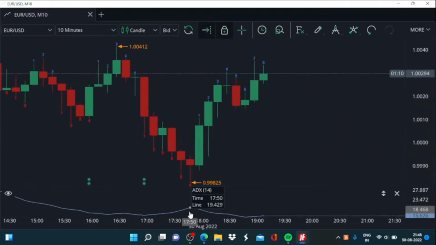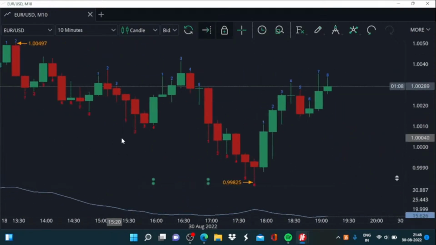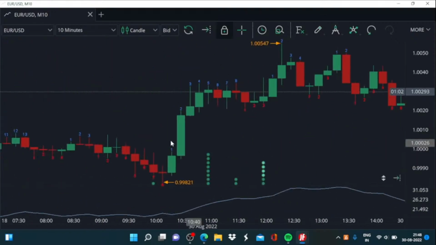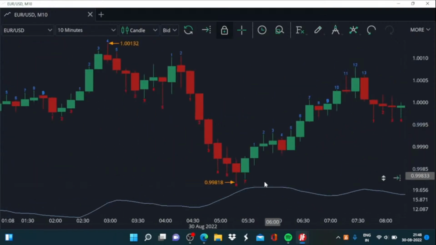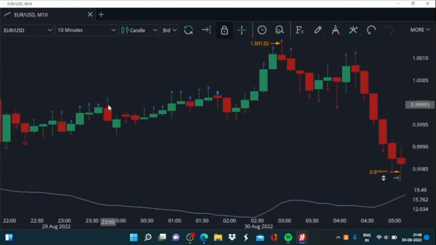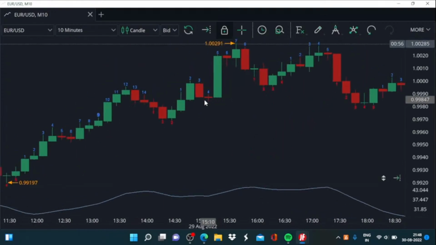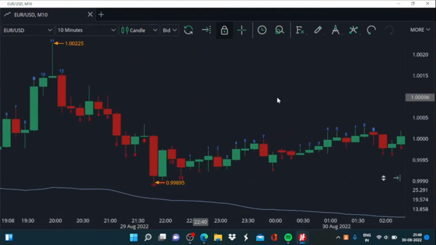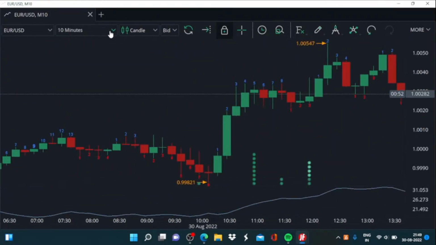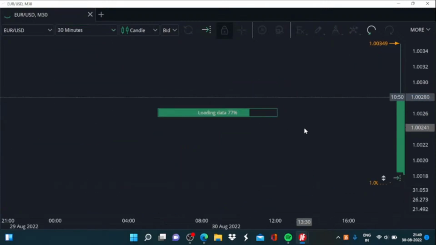Then the strength of this underlying instrument's trend faded, and we didn't really get any fresh big moves in the subsequent part of the day. So you can take this indicator on multiple time frames and see what kind of time frame suits your purpose.